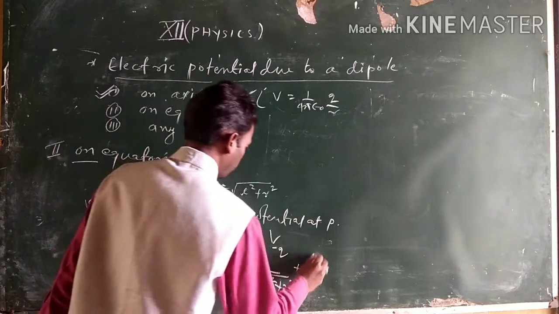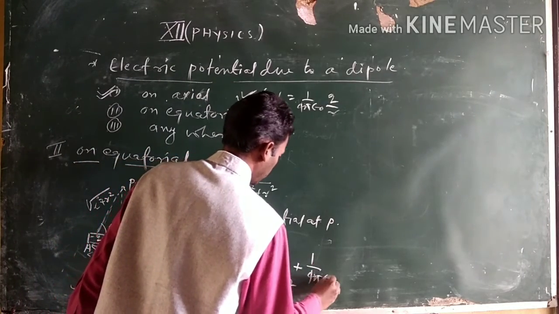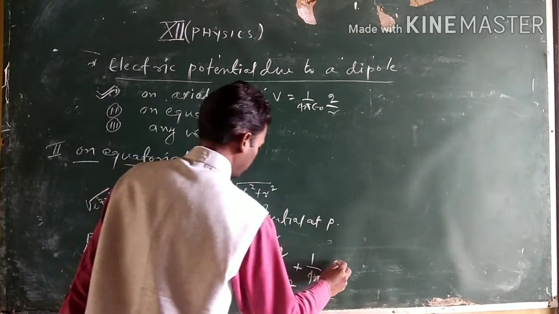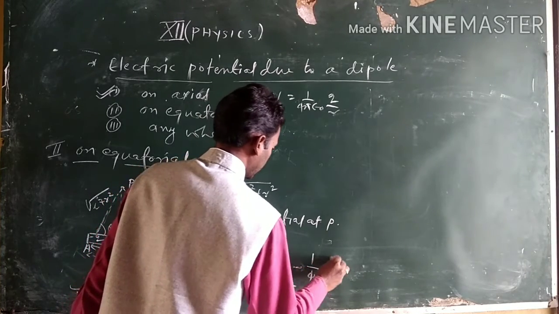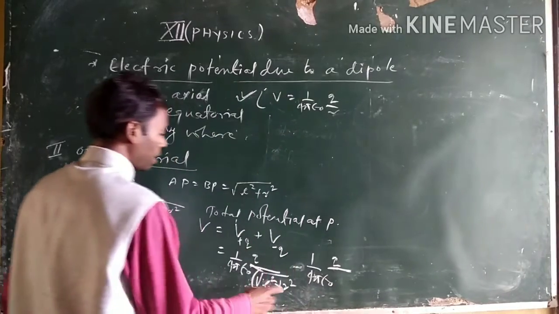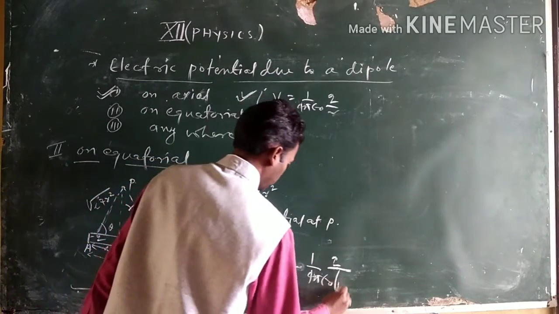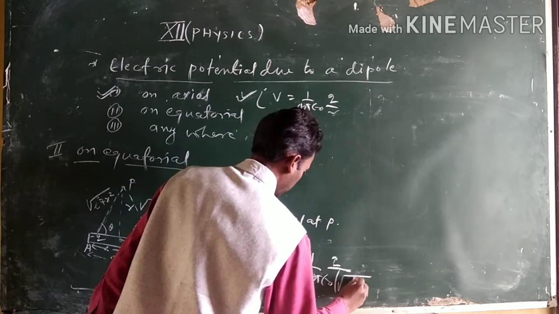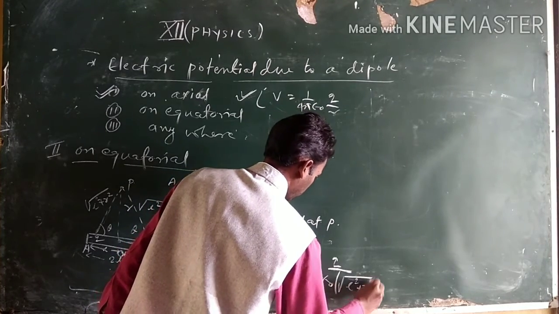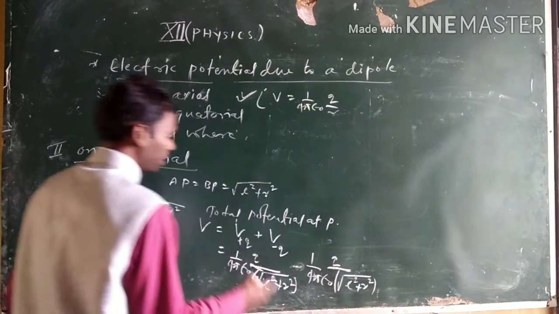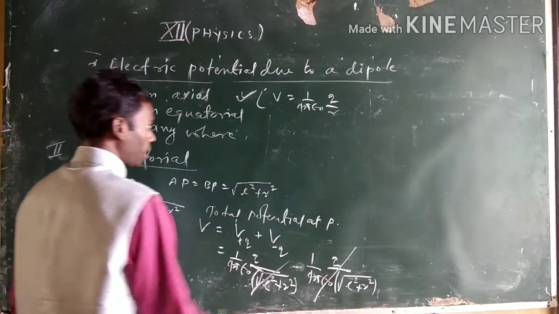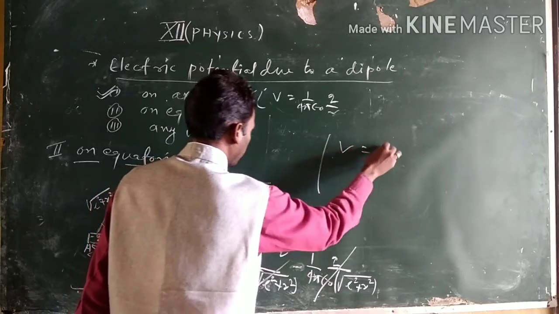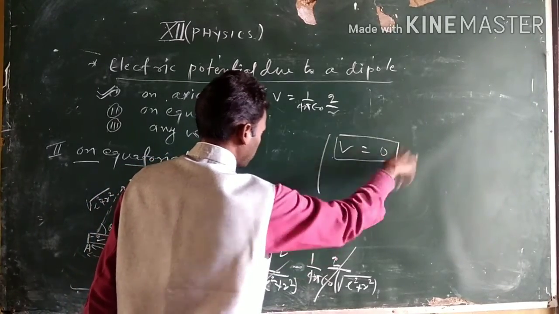That means 1 by 4 pi epsilon naught, Q is minus, that's why here we can write minus Q. Distance is the same, okay, root over L square plus R square, okay. There is plus and this is minus, that will be 0. That means our potential will be 0 in this case.